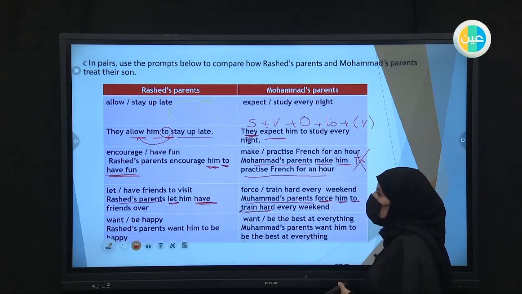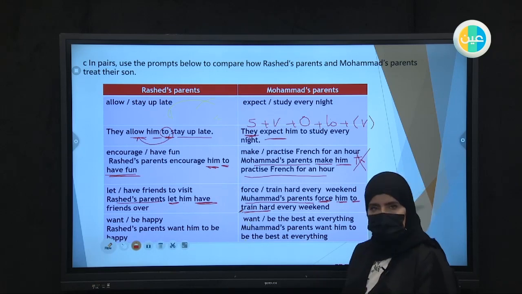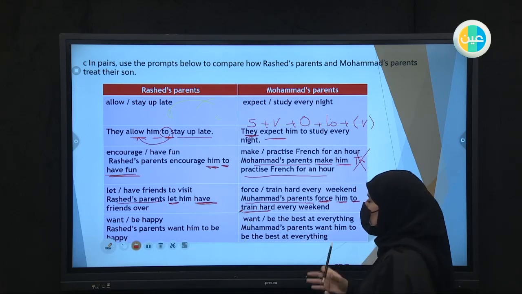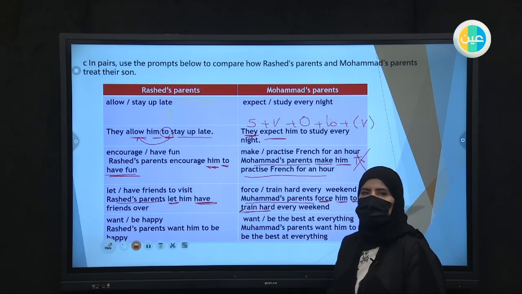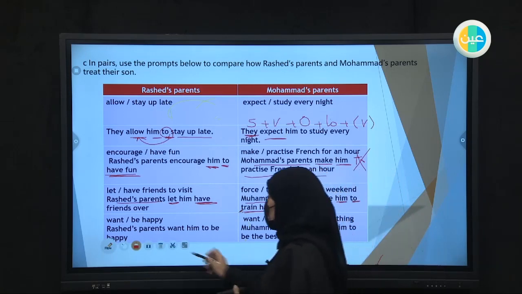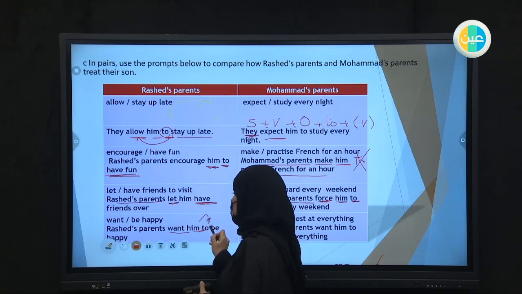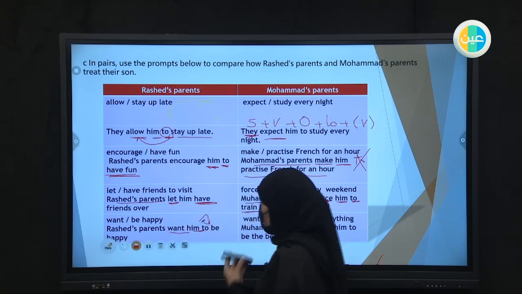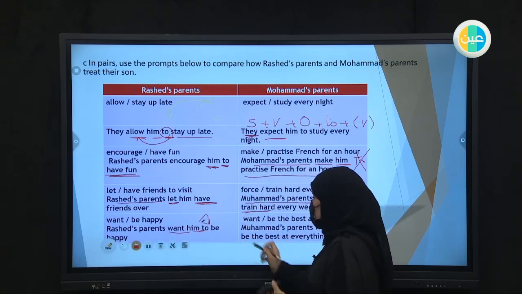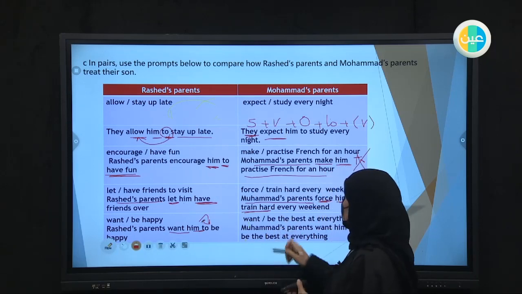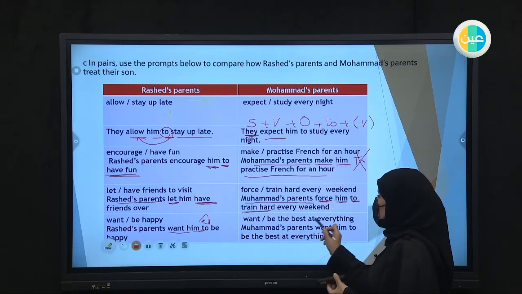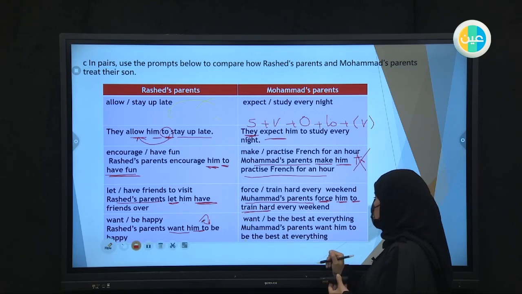Want and be happy. Also want is one of the verbs that should be followed with to. راح تصبح الجملة Rashid's parents want him to be happy. To be happy. So this is the formulation of the sentence. Want and be the best at.